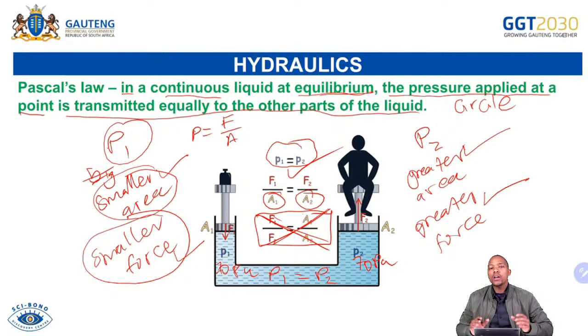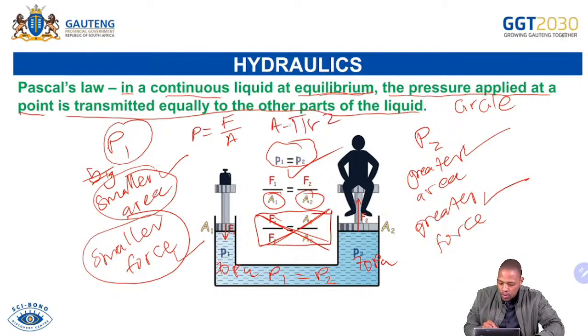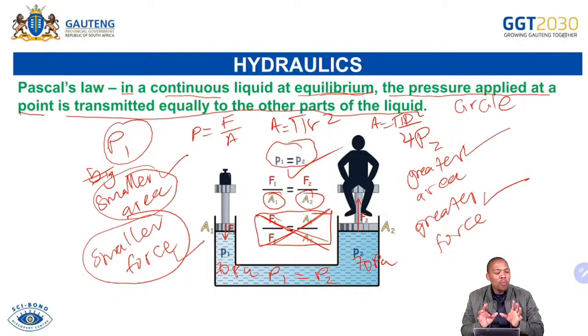Okay, we're going to be calculating the area of a circle here, circular area, which is going to be pi r squared. Okay, if not, pi d squared over 4. But most of the time, the pistons are going to be circular pistons. But I'm not saying there will never be square or rectangular pistons. They might even be like that. So it's important to know how to calculate the area of those shapes.